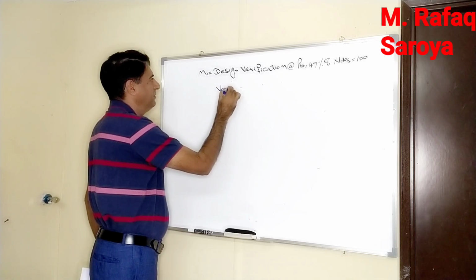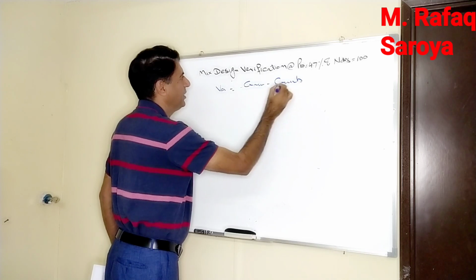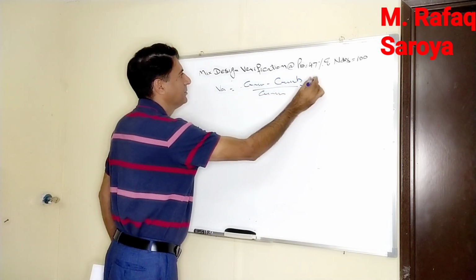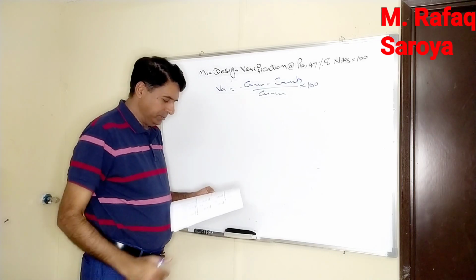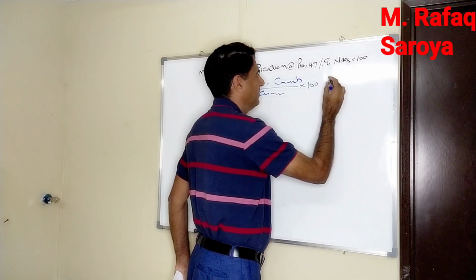And you know its relation: GMM minus GMB over GMM into 100. After putting in these values, the amount of air voids comes out to be 4.2%.